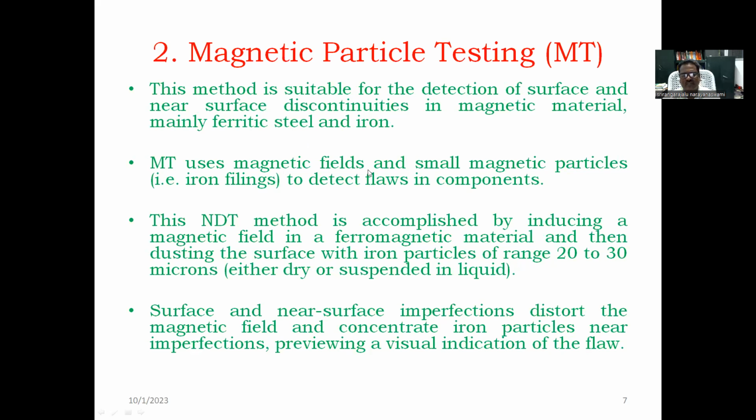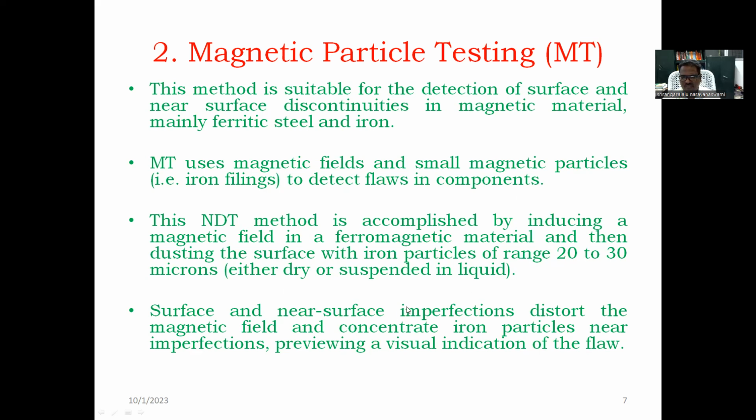MT uses magnetic fields and small magnetic particles, iron filings, to detect flaws in components. This NDT method is accomplished by inducing a magnetic field in a ferromagnetic material and then dusting the surface with iron particles in the range of 20 to 30 micron, either dry or suspended in a liquid.